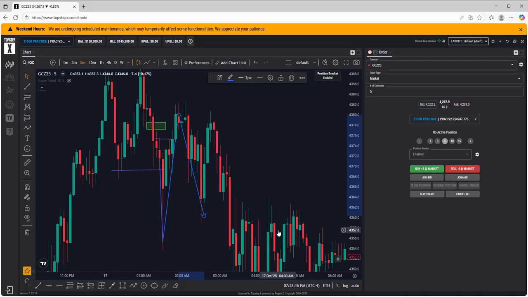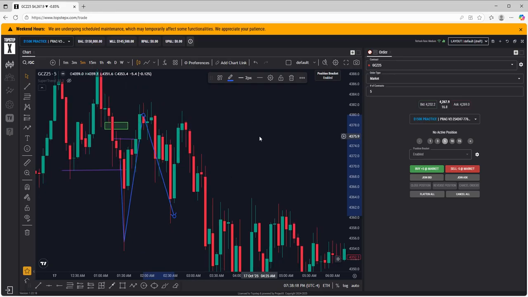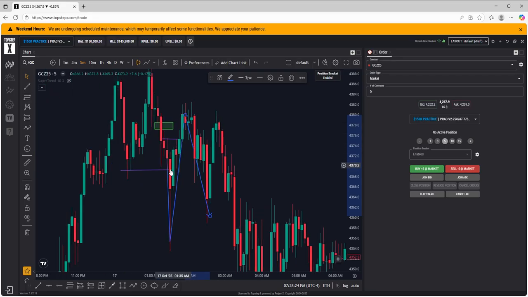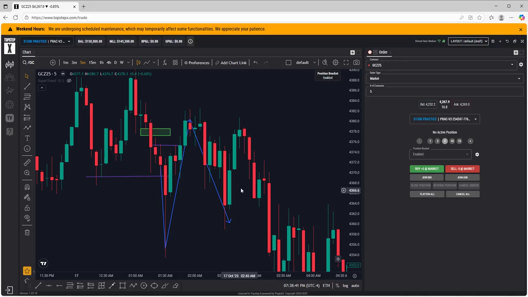So liquidity is good for entries and targets. We have two types of liquidity that we're dealing with: inner structure liquidity and outer structure liquidity. Based off of the trend you're going with, you should be able to identify which is which.